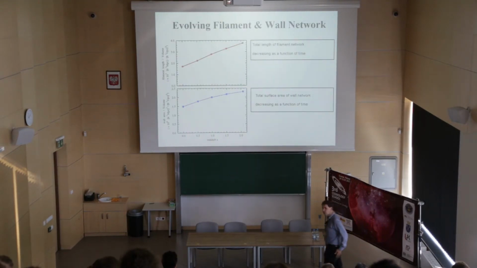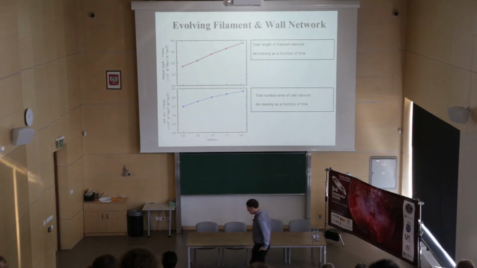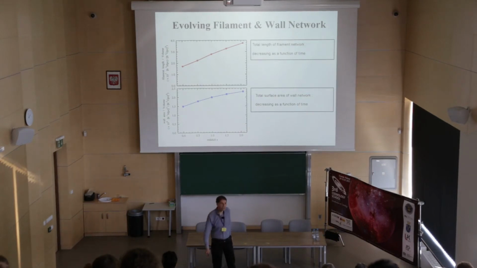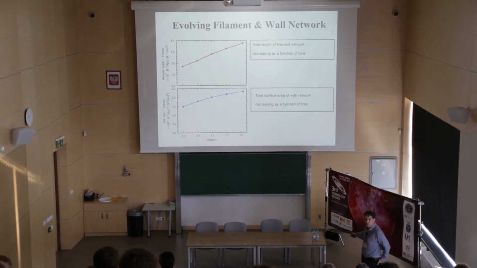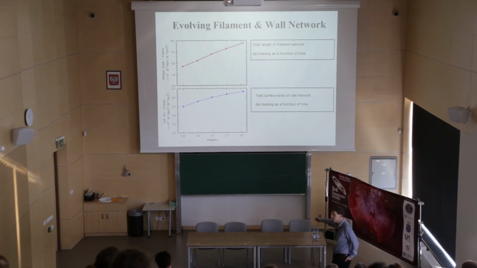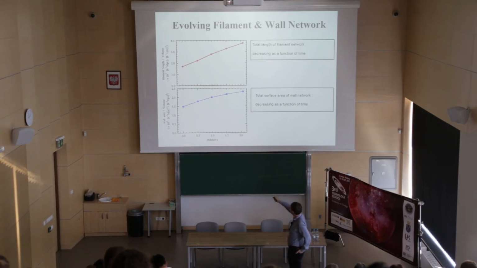If you want to see how this works out overall in terms of statistics, I showed you the movie of the evolving filament population. Here you see plotted as a function of redshift the length of the filamentary network in the universe.